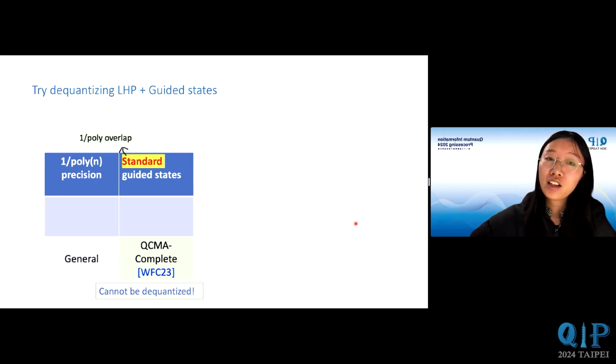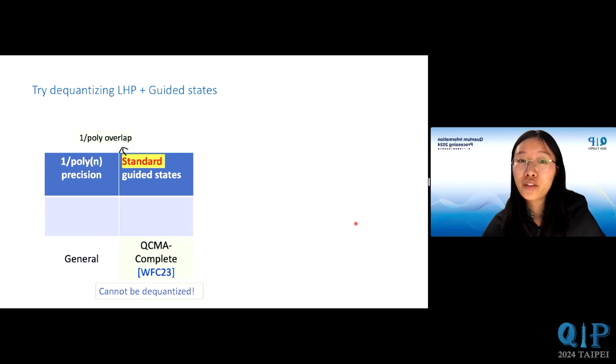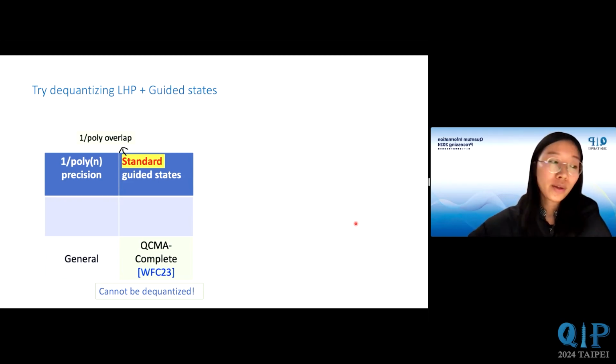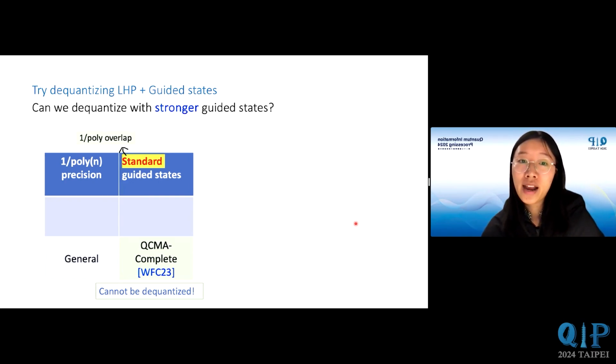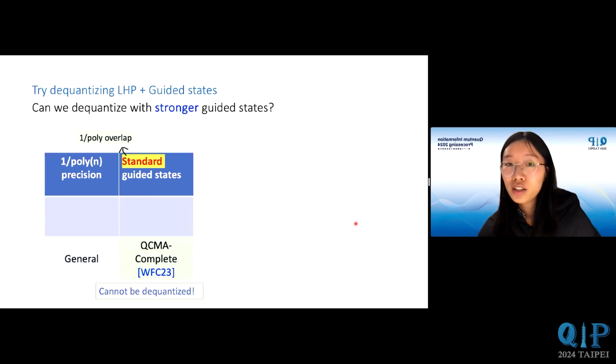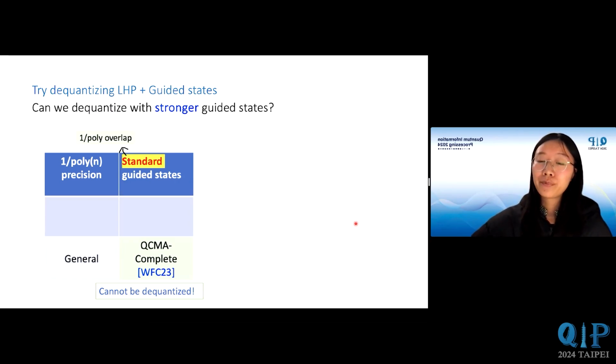Previously we said that for the standard definition of guided states, this problem cannot be dequantized because it's QCMA complete. Our result is in fact related to a further question: if the guided states we have are stronger than the standard definition, can it be dequantized?